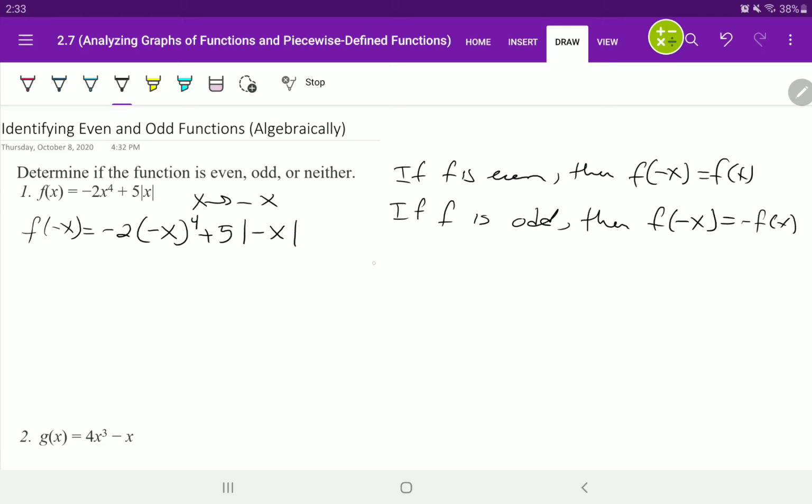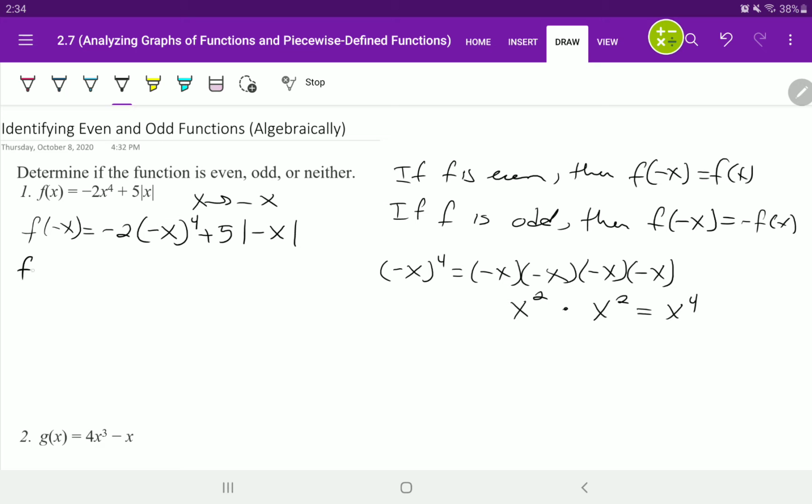Now let's take care of negative x raised to the fourth power real quick. That is negative x being multiplied by itself 4 times. Two negatives multiplied make a positive. Negative x times negative x is x squared. Same thing here. Negative x times negative x is x squared. X squared times x squared is x to the fourth.